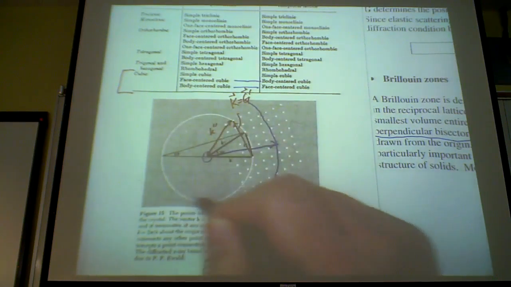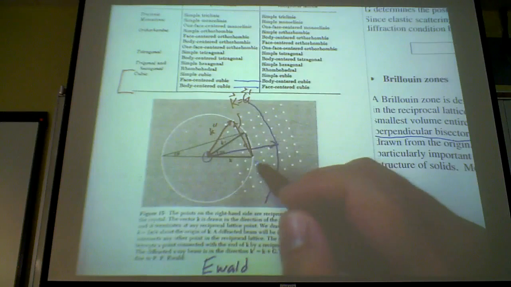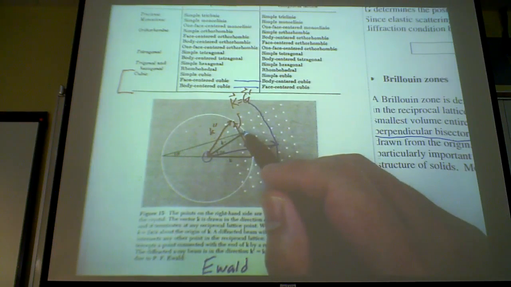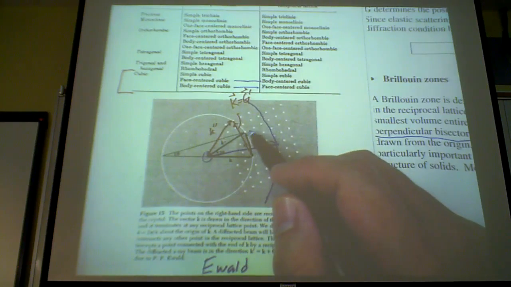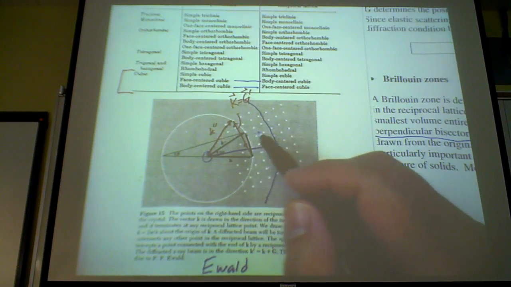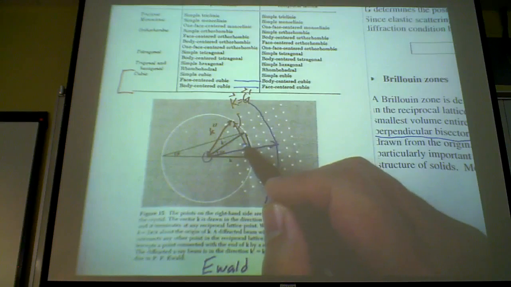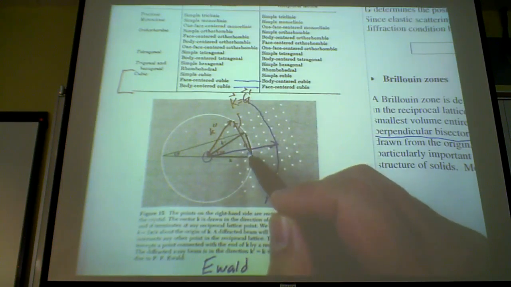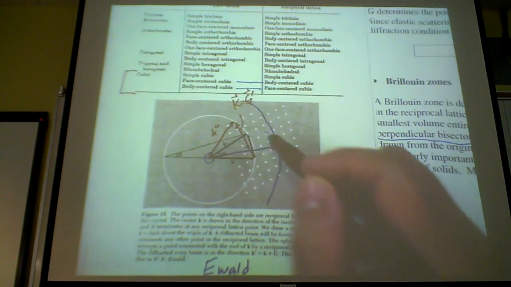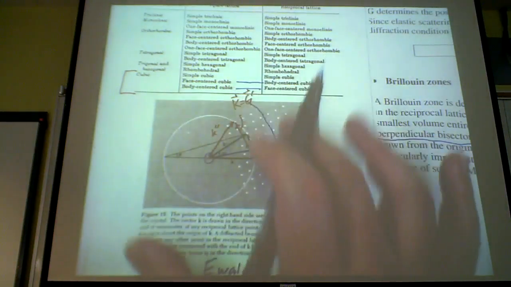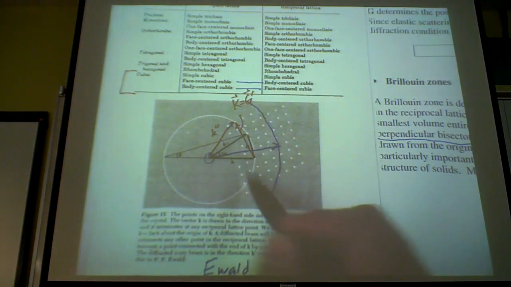You draw a circle like this. And whenever you hit a point in your reciprocal space, you get diffraction of that point. If you miss all these other points, you will not have diffraction of that point. So that is the idea of diffraction, a graphical way of showing how you get this.